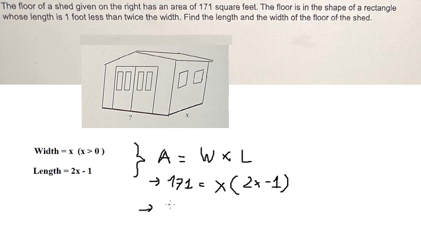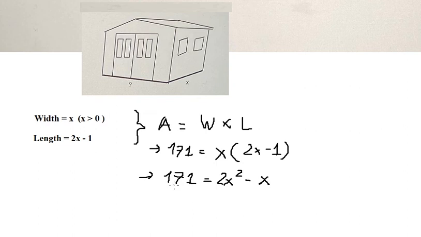Now we have s multiplied by 2s minus 1. Next, I will put this one to the right.